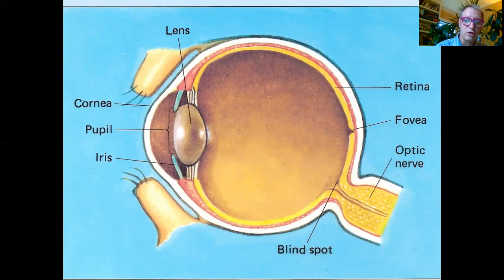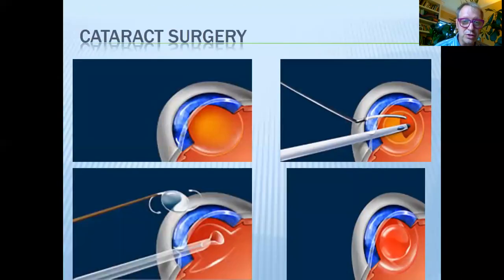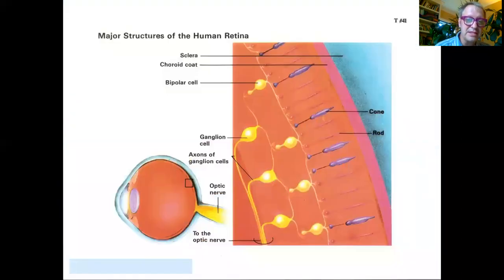One other thing that occurs is, I'm going to show you another picture here. If you can see this little black square right here, they're taking that square and blowing it up to the right. So they're taking just a little cross section of the retina, and you can see the rods and cones are back here.